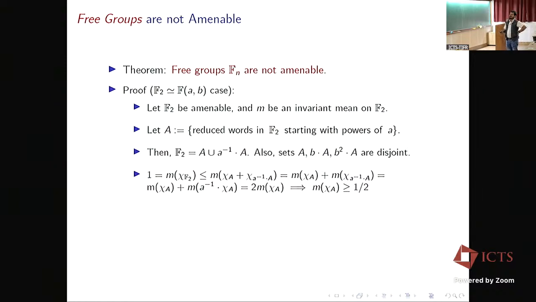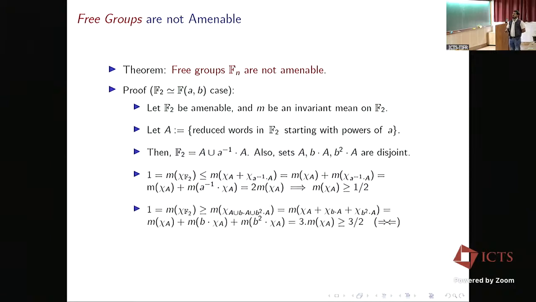So the mean would be greater than or equal to this mean. And now you apply the properties of mean and see that it splits, and then you get 2 times the mean of chi of this set is greater than or equal to half.